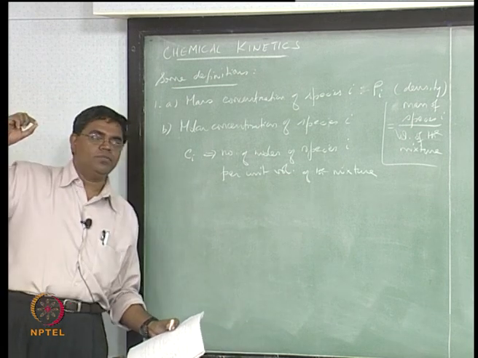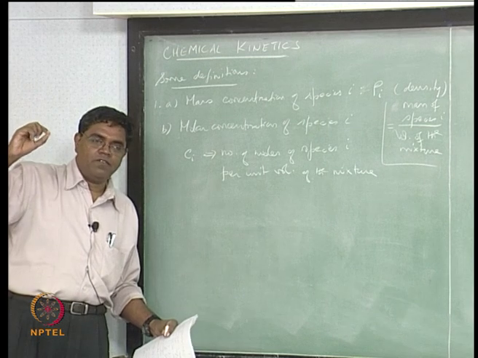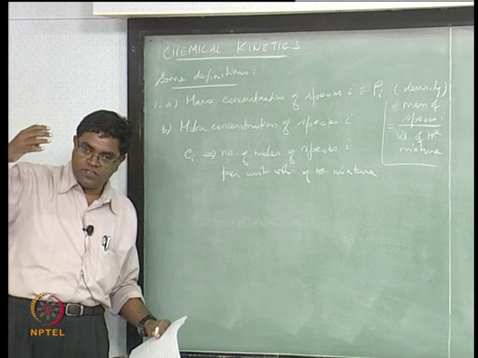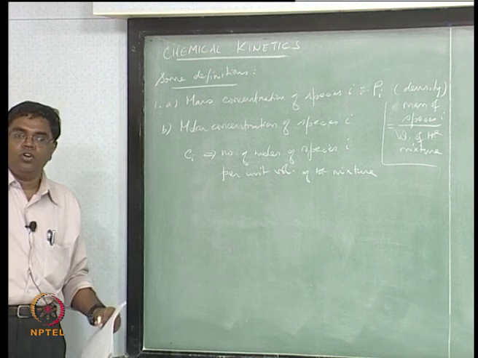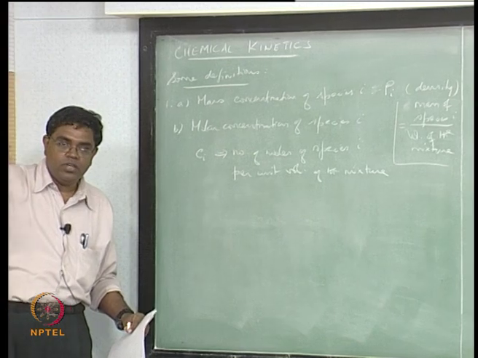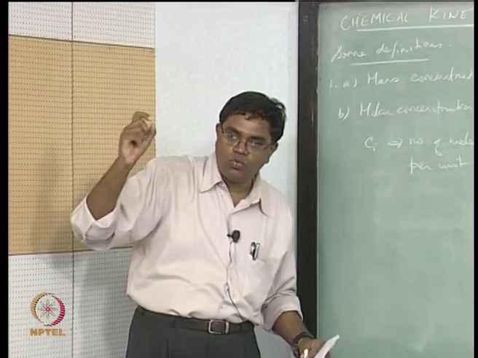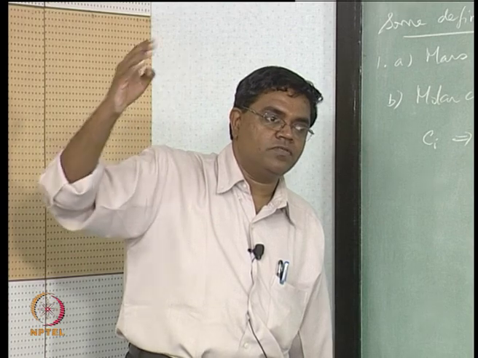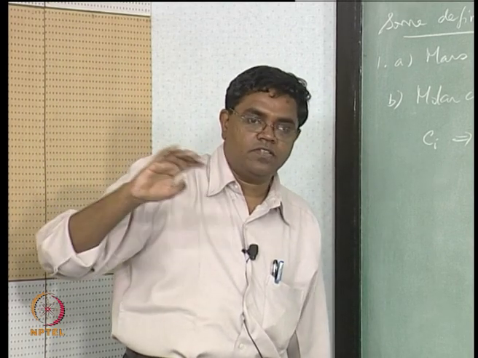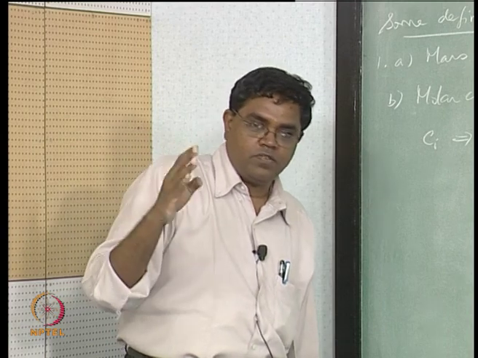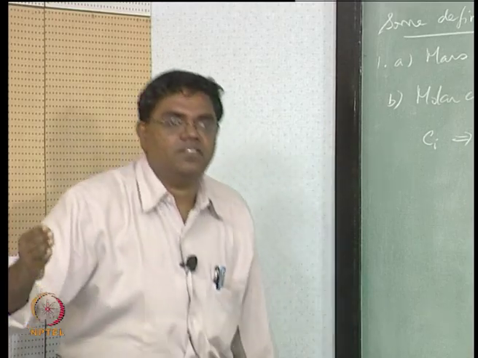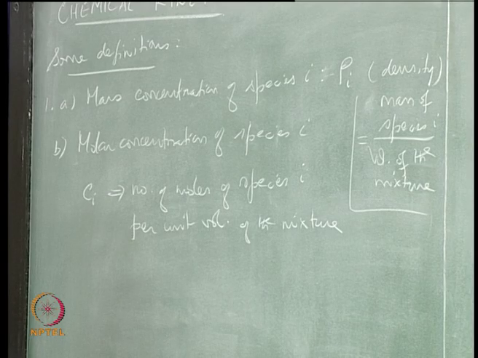I'll take a unit volume of the mixture and then find out what is its mass. We know that it is composed of many species, and each of those species has a mass rho I in that volume, because we are now saying unit volume. So if I want to know the total mass of all the species in that unit volume, I simply have to add all the masses of the individual species, with the denominator being the same, that is the volume. If I now split up the denominator for each of those, I simply get back the sum of all the densities of individual species as the density of the mixture.